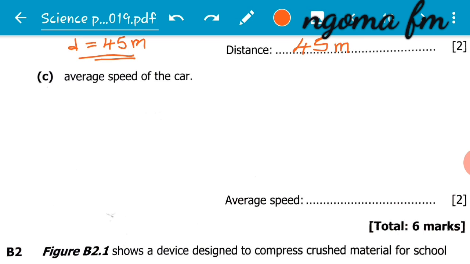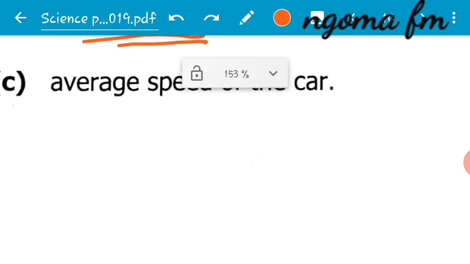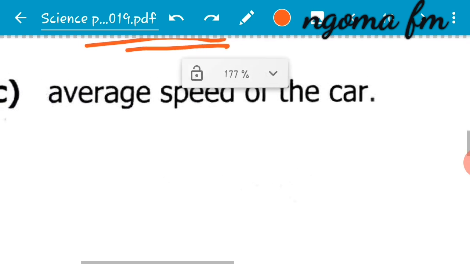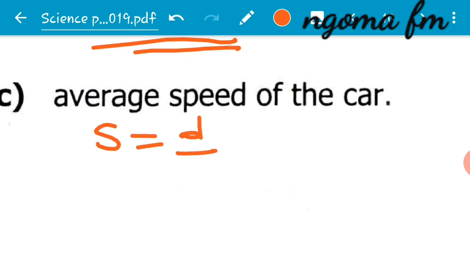So the best approach here is we know that speed is equal to distance over time. This is average speed. Why is it called average?